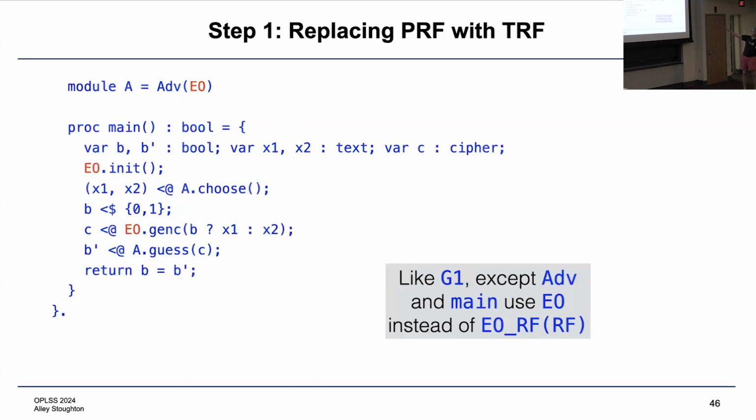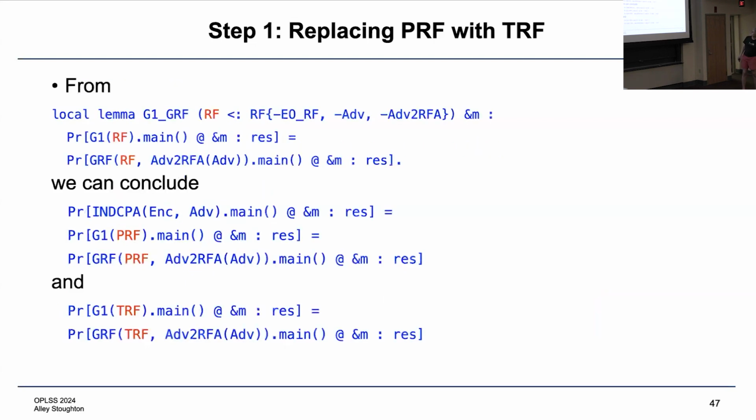The only thing that's different is that initializing that encryption oracle doesn't initialize the random function. That happens in the random function game. So the cool thing is that we can go from here to here completely generically: G1 of RF to the random function game of RF and the constructed adversary.